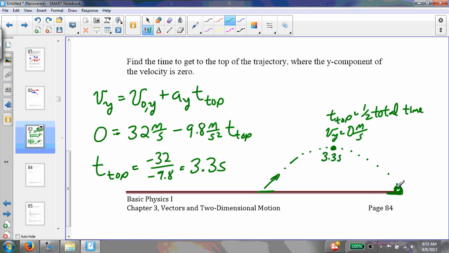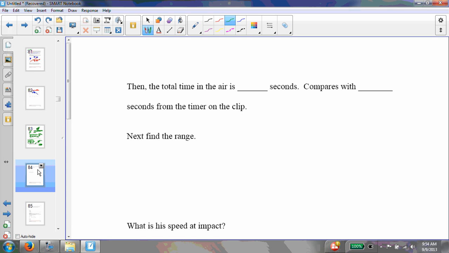That means that the total time, that is the time down here, is going to be twice that, or 6.6 seconds. So that's one of the things that we want to know. And in fact, if we find the range, then we'll need to use that time. So let's go on down. So the total time in the air is 6.6 seconds. And if you look at the clip, you can go back.